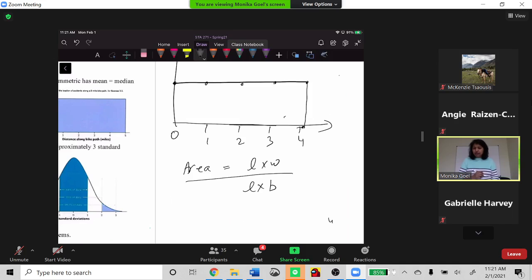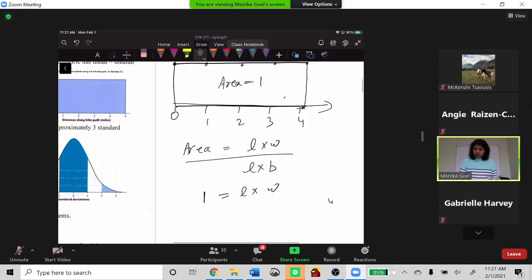This is the formula we use. And we have one more information. Since we are talking about density curve, we know that the area under the density curve is 1 whole. So when it is uniform, we use the formula length times width, and the area is 1.